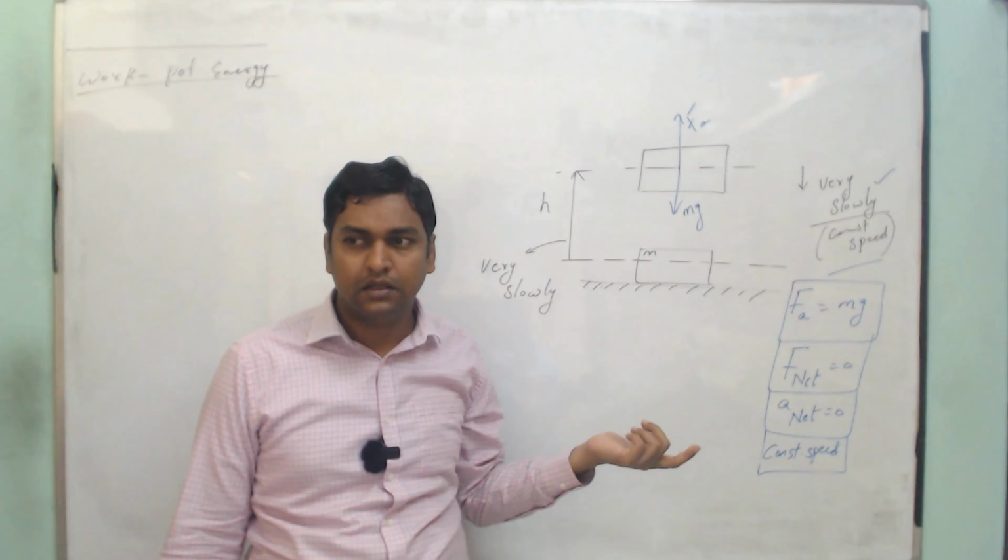Anything is fine with me, because I am only interested in very slow, constant speed. So as soon as it attains some small amount of speed, now I will make Fa equal to mg. Why? Because I want my acceleration to be zero, therefore the velocity will remain constant.